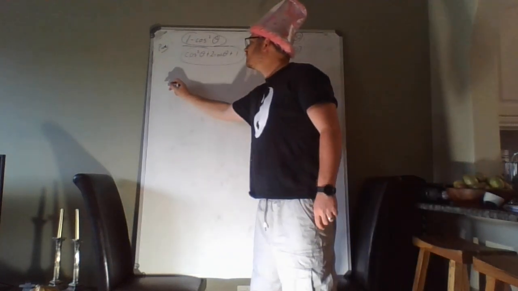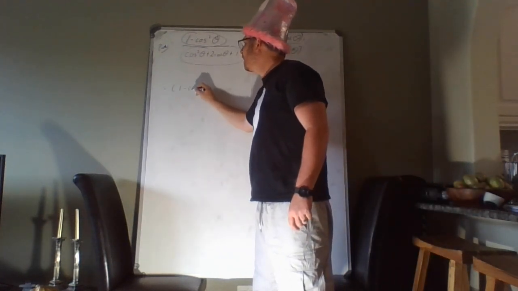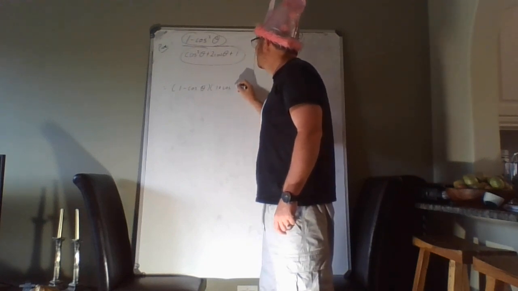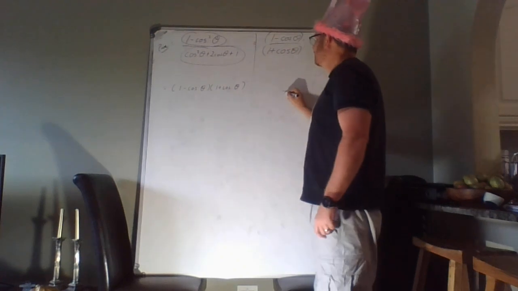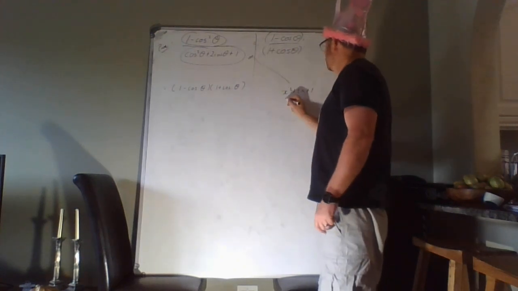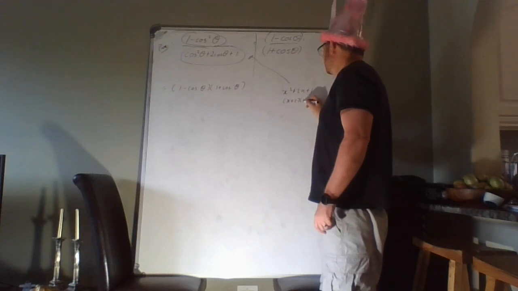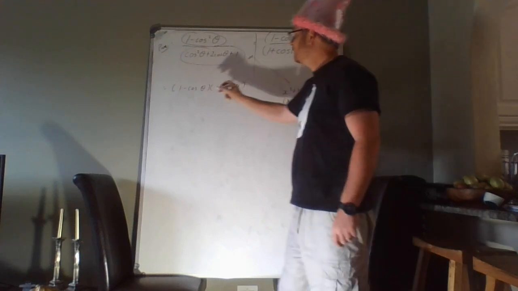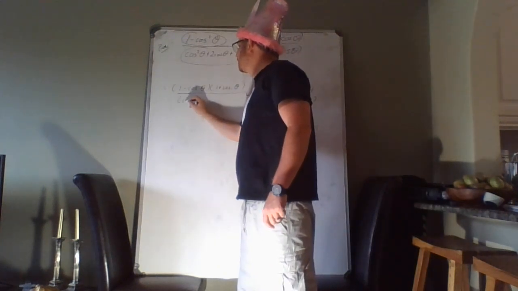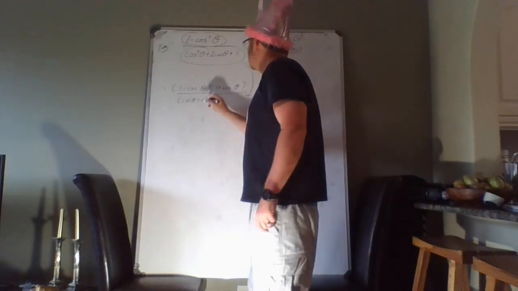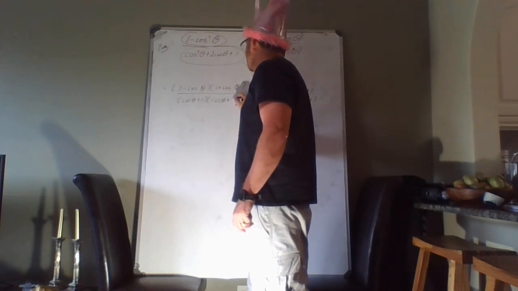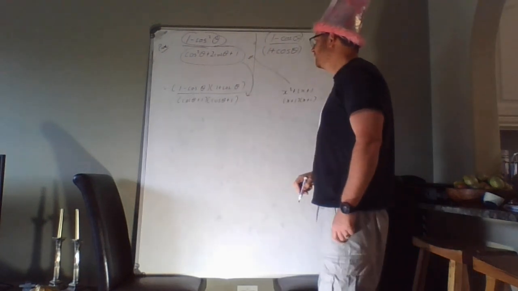Well, if you had 1 minus x squared, it would factorize to 1 minus x, 1 plus x. And if you had x squared plus 2x plus 1, which is the same pattern as that, you'd factorize it to x plus 1, x plus 1. So in other words, this could factorize to cos theta plus 1, cos theta plus 1, or else you could just write cos theta plus 1 all squared.